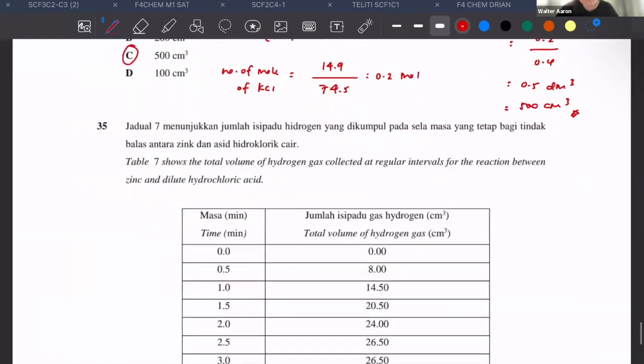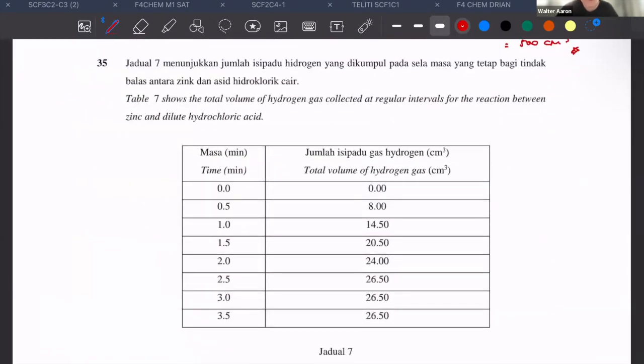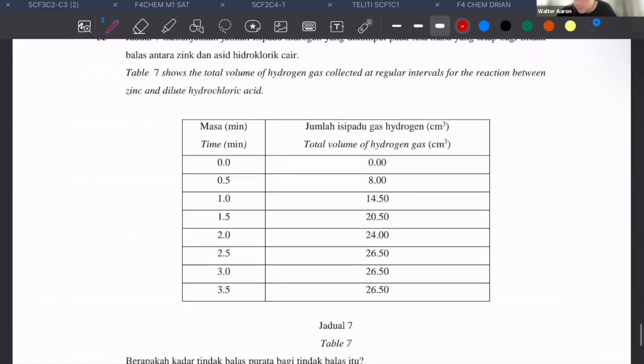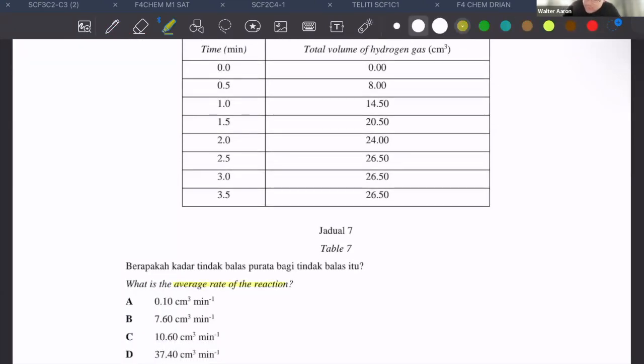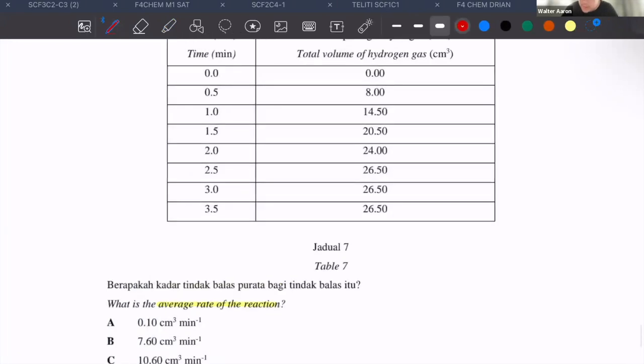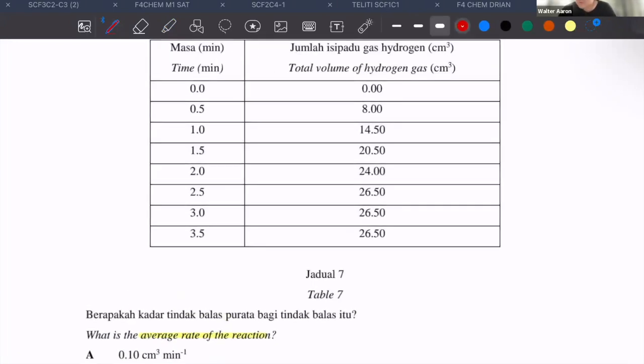35, Table 7 shows the total volume of hydrogen gas collected at regular intervals for the reaction between zinc and dilute hydrochloric acid. So we have different volumes over there. What's the average rate of reaction? So average rate of reaction will be total volume of gas collected over time taken. The reaction technically stops over here because after that the volume is the same already, right? So the time taken is actually 2.5 minutes to complete.